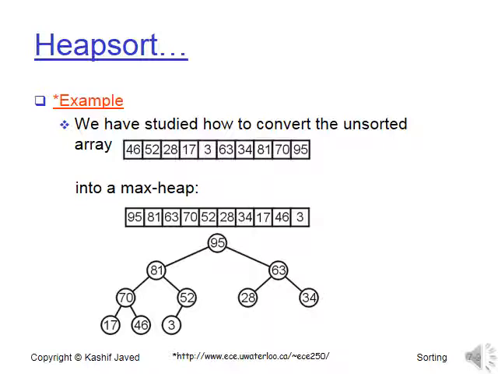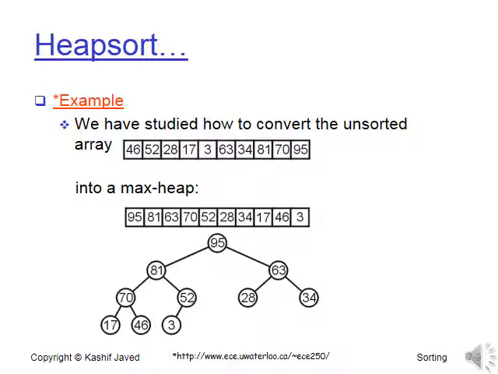We have studied how to convert an unsorted array into a max heap. Here the unsorted array we have is the numbers 46, 52, 28, 17, 3, 63, 34, 81, 70, and 95.